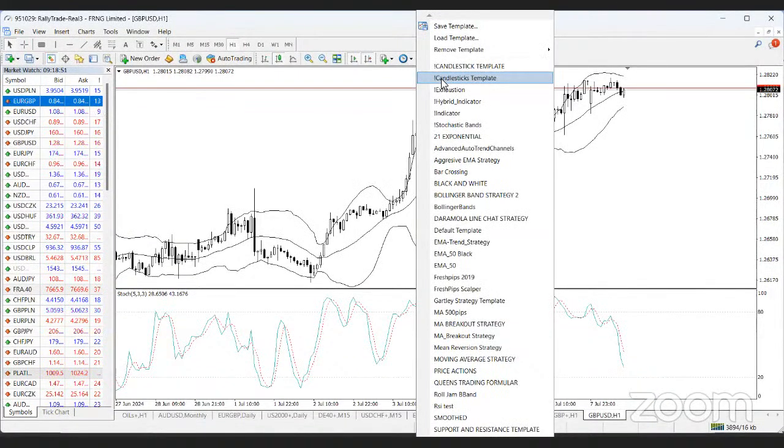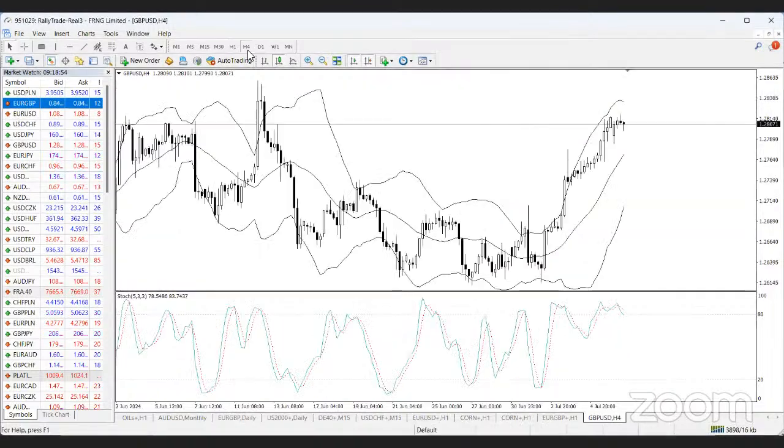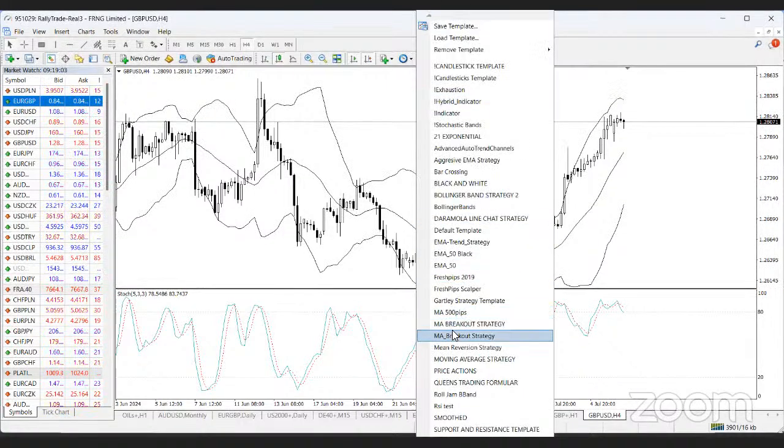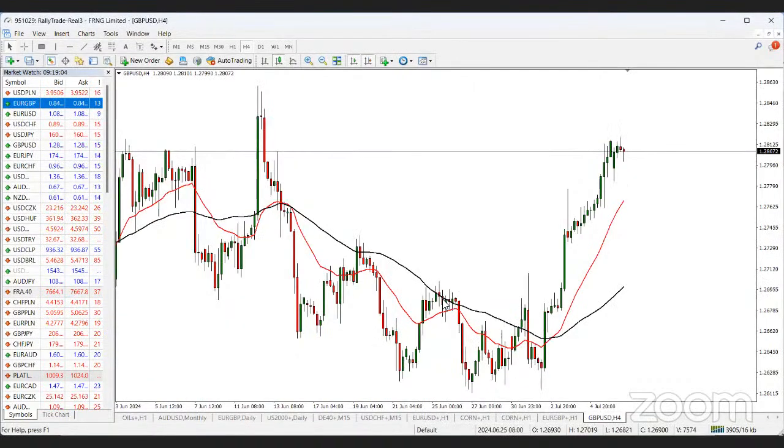I'm a swing trader, so I might want to switch to H4 to check. Even here, there's no trade. All right, so we switch to another template that I also love to use. Let's look at this one. This one, there's no trade also, at least not now. There's volatility in the market, so we need to wait.